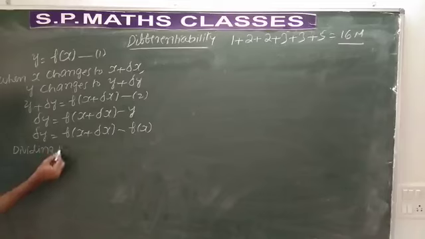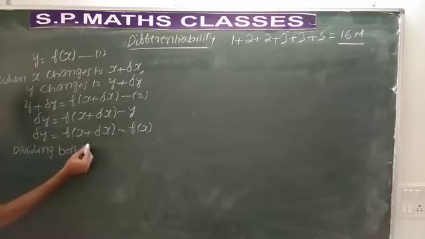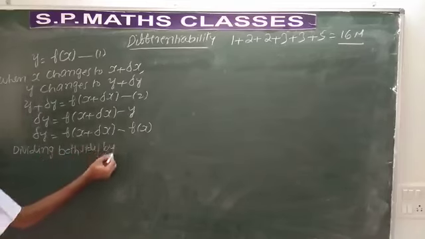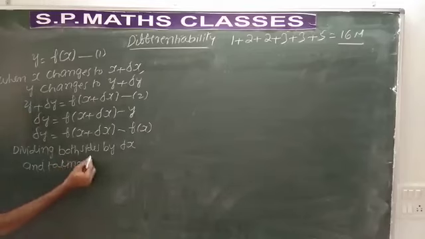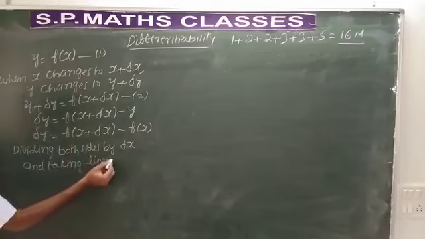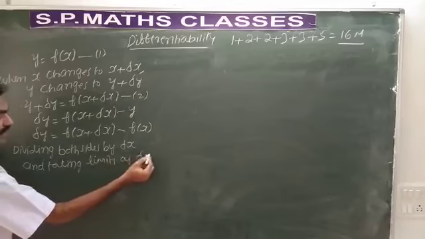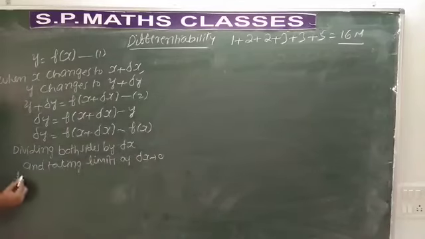So let us divide both sides by delta x and take limits as delta x tends to 0. What happens now?